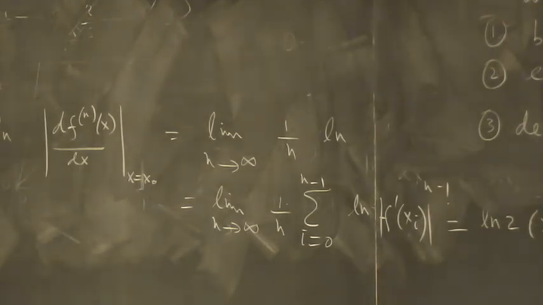What if it's a period 2 cycle, such that A goes to B, B goes to A? For a period 2 cycle, the magnitude of that product is less than 1. So again, it's not going to be a positive Lyapunov exponent.